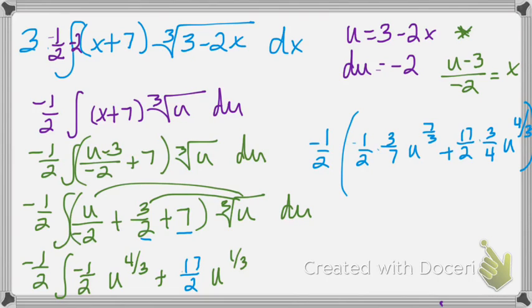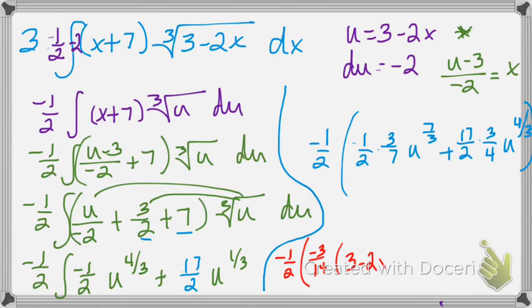Alright, so I've got negative 1/2, I've got negative 3 over 14. u is 3 minus 2x. Then that's 17 over 2 times 3 over 4. I think it's 51 over 8. And then don't forget our plus c.